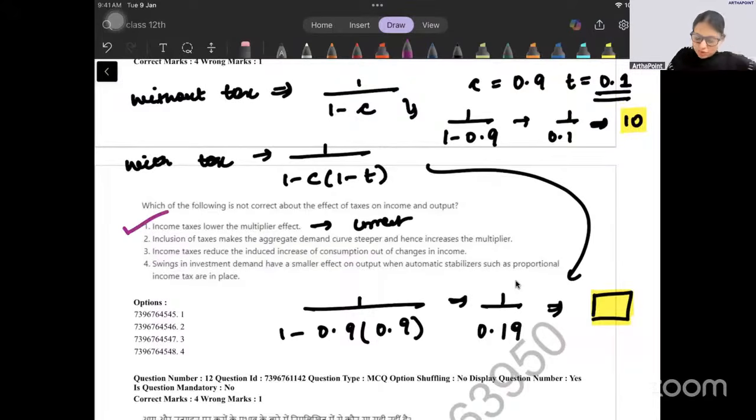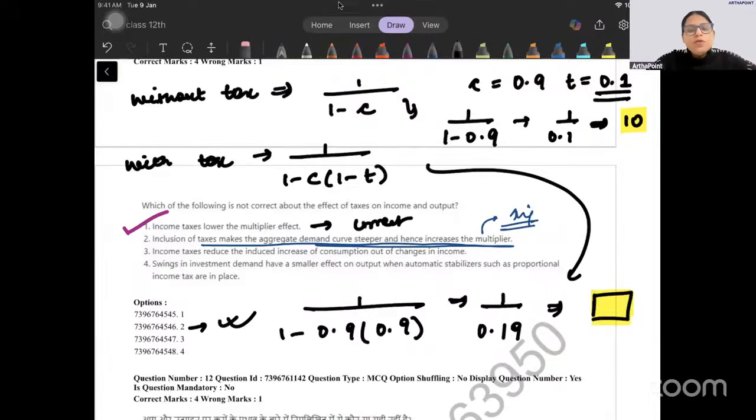अब दूसरा देखो. Inclusion of tax makes aggregate demand curve steeper and hence increases the value of the multiplier. Option B is automatically incorrect. I don't even have to solve for it because it is saying that it is increasing the multiplier. But taxes decrease the value of multiplier. So B is incorrect.